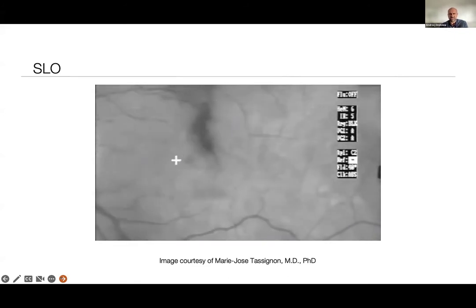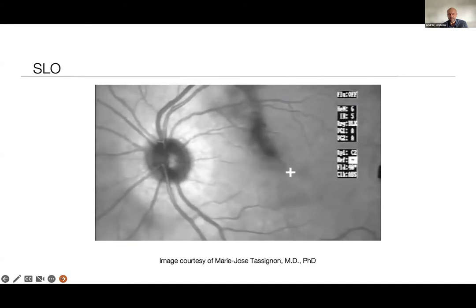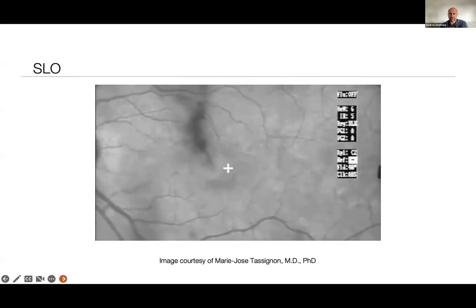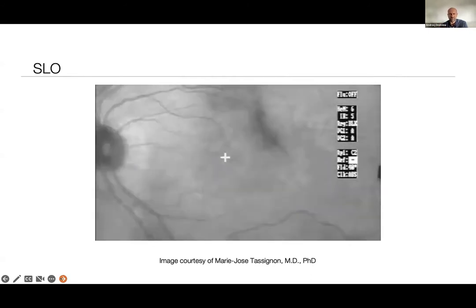And I guess it's very easy to see that the quality of SLO in assessing the movements of floaters is really crucial to understand their nature and the nature of patients' problems.